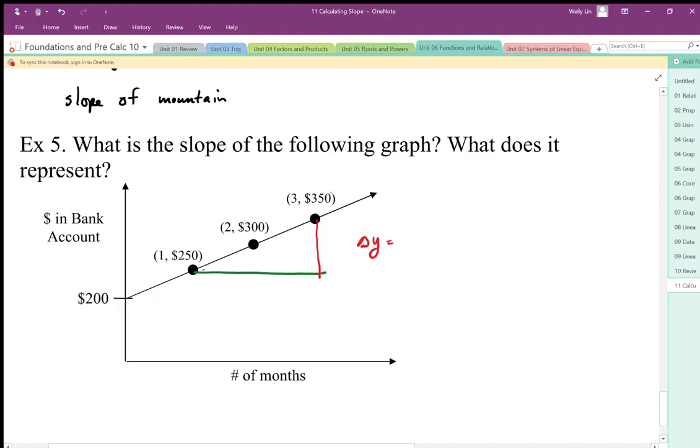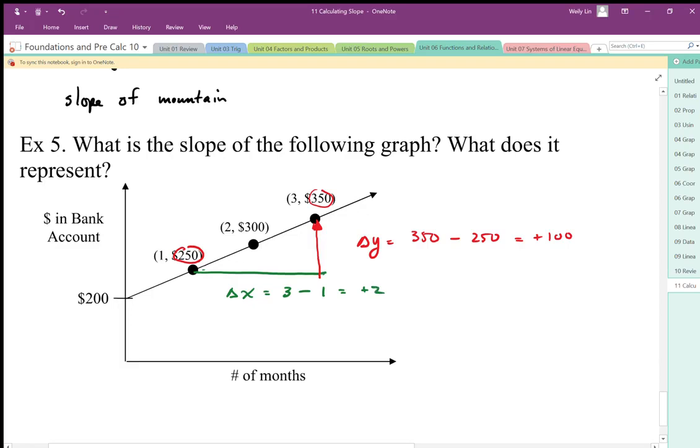The change in y is going to be, I ended at $350 and I started at $250. So I can see that I have a positive $100 change. I went up $100. And the change in x, well, I ended at 3 months and I started at 1 month, so I have a positive 2-month change in x.